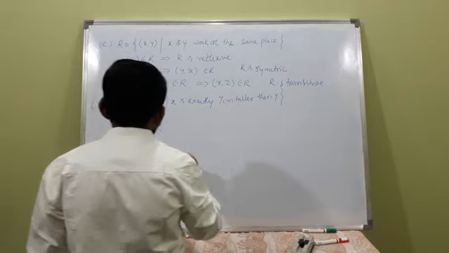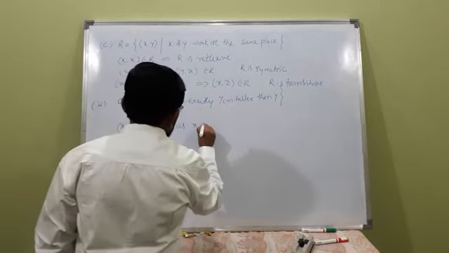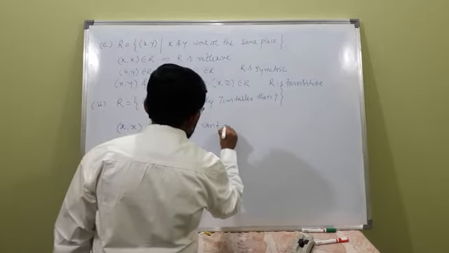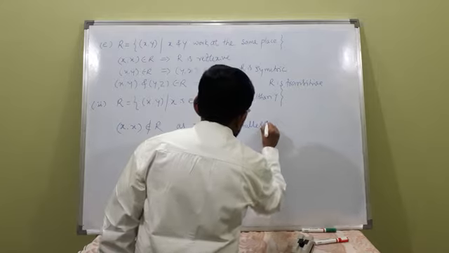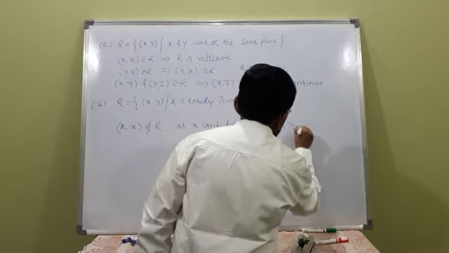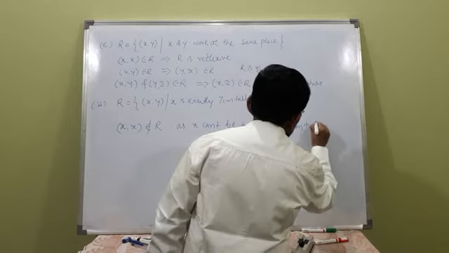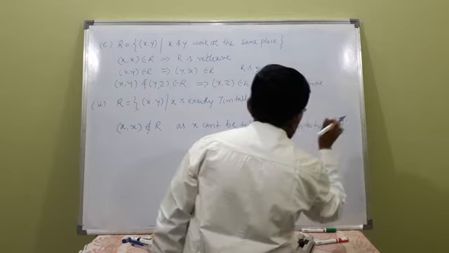So, as x cannot be 7 centimeter taller than himself. Okay.